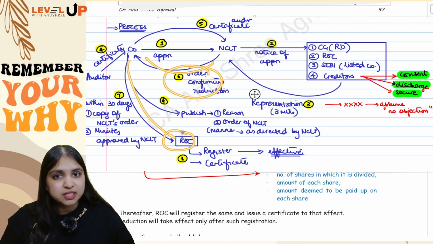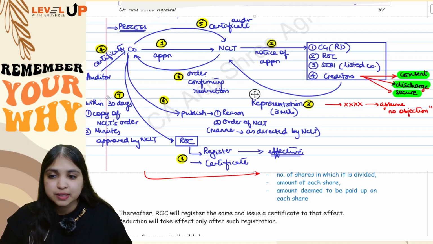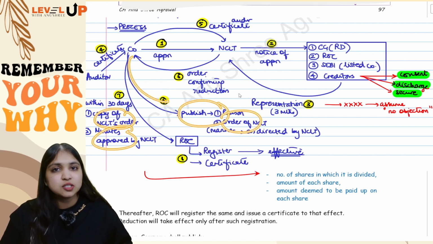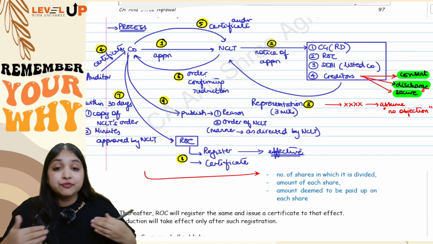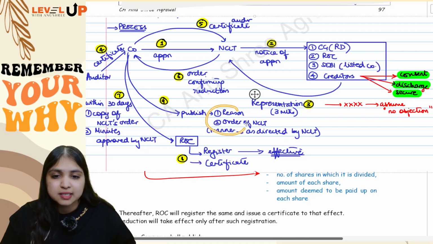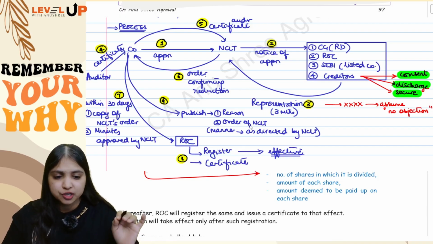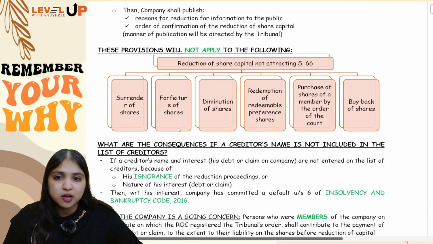The company will file 2 things with the ROC within 30 days: number 1, a copy of NCLT's order, and number 2, the minutes approved by NCLT. And finally, the company will have to publish the reasons for the reduction and also the fact that the reduction happened. Where, how many times, in which newspaper, all that NCLT will mention in its order. So this was the whole process of reduction.